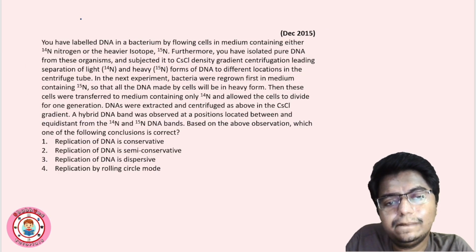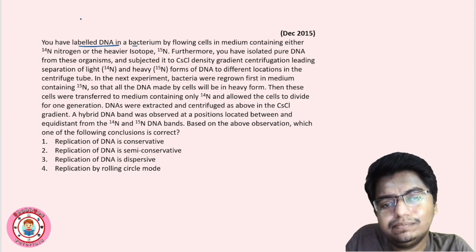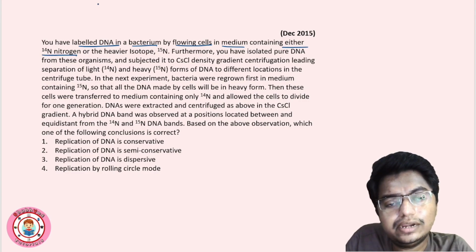Second question: you have labeled DNA in a bacterium by growing cells in a medium containing either 14 nitrogen or the heavier isotope. Okay, two different isotopes are used. So N14 here is lighter, and N15 is heavier.